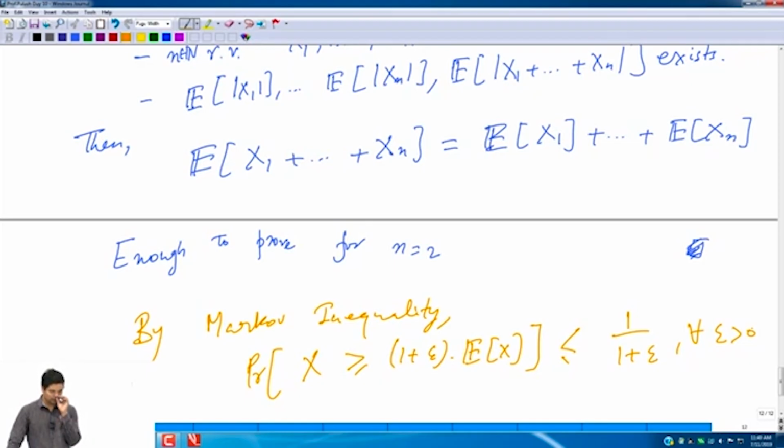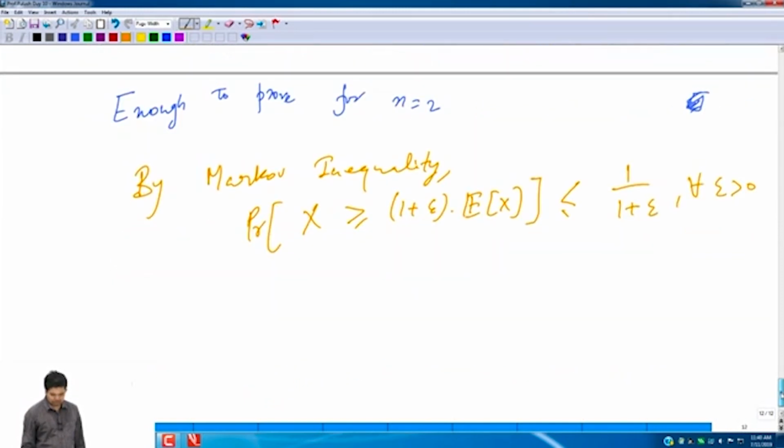For example, if we put epsilon to be 10, then the probability that it takes value 11 times more than expectation of x is at most 1 over 11. And we say that this bound is a little weak, because look at coin tossing, what does it give?